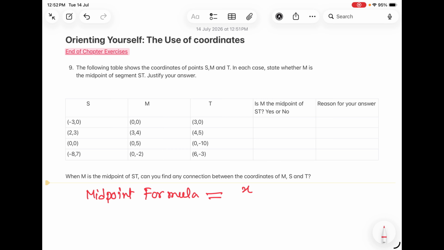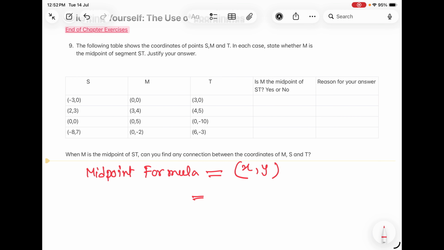Take the two points with coordinates (x1, y1) and (x2, y2). The midpoint formula is (x1 plus x2) by 2 and (y1 plus y2) by 2. This is the midpoint formula.